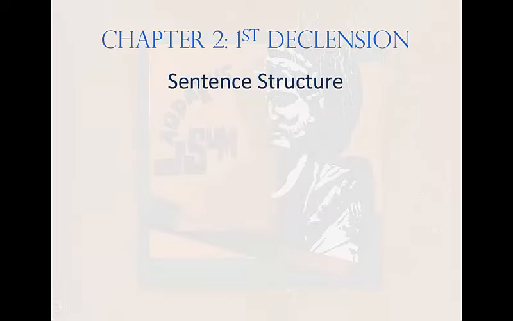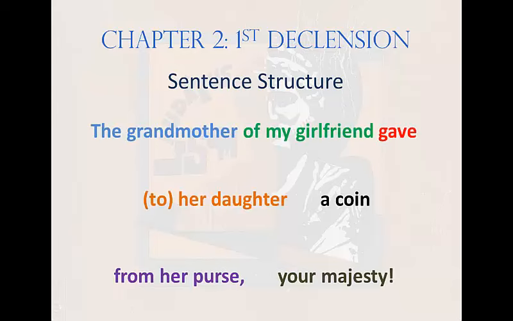Now let's look at some basic sentence structure as it applies to Latin grammar. And let's start with this useful but rather stupid-sounding example grammar sentence. The grandmother of my girlfriend gave her daughter a coin from her purse, Your Majesty. Grandmother is the subject of the sentence.